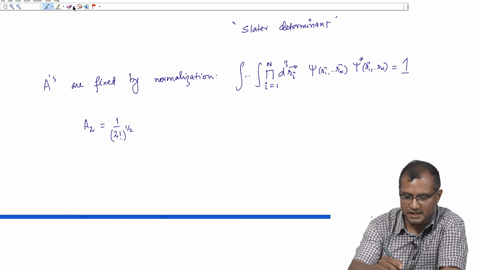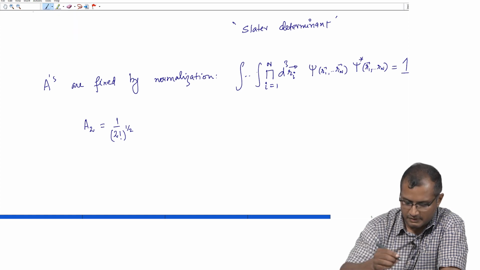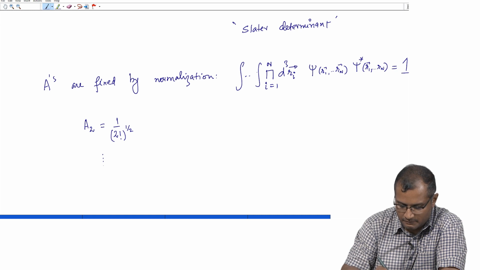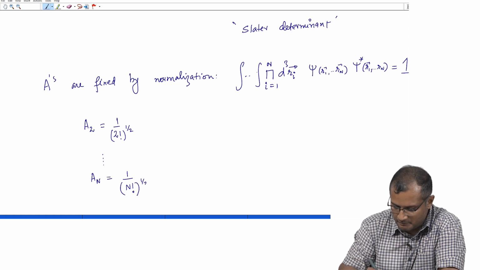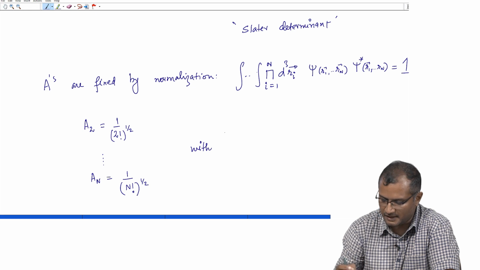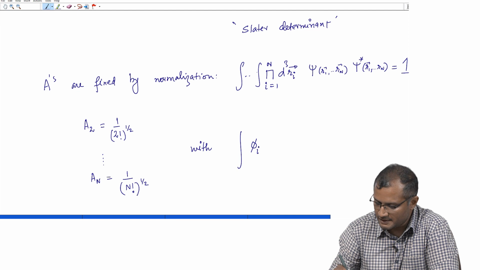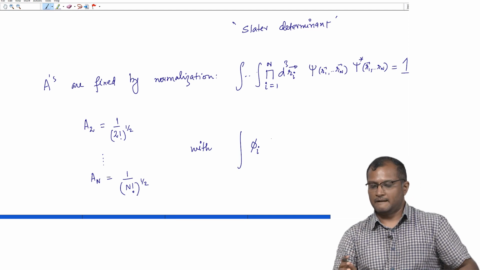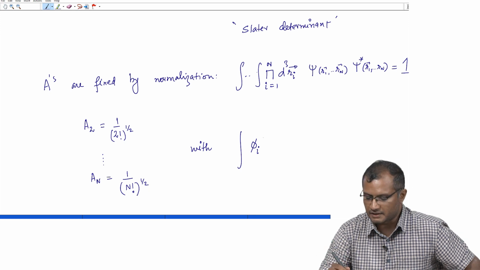so the normalization on single particle wave functions also needs to be specified here, and I am going to write down this single particle normalization. It is very simple to see why, because of the orthogonality of these single particle wave functions.